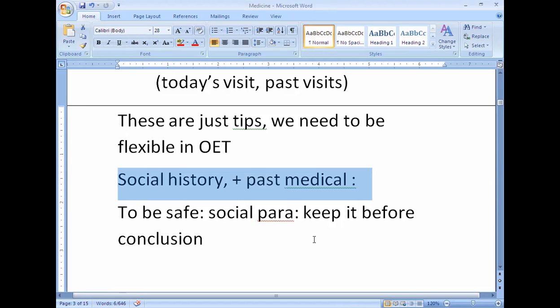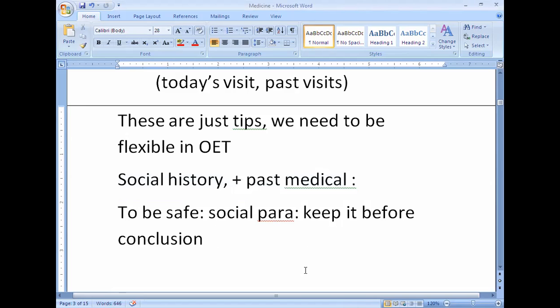If the patient's social history and past medical history are relevant to the present medical condition of the patient, then we can mention this after the purpose.